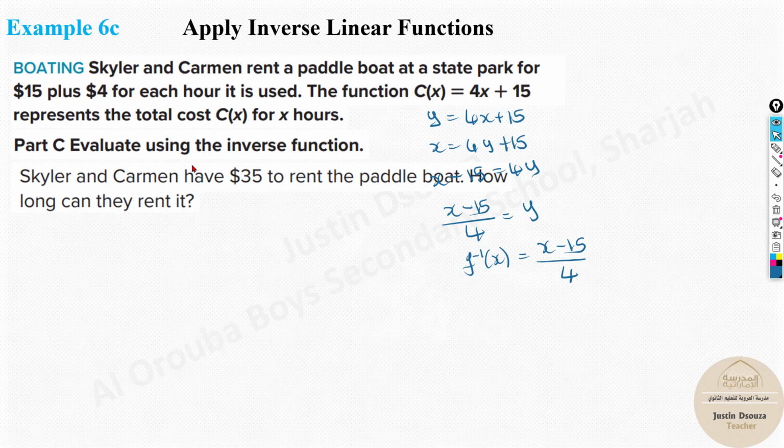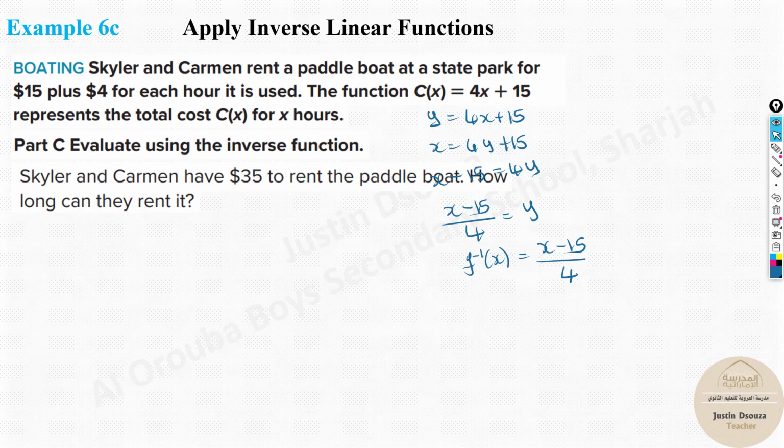Now this is important. Evaluate using the inverse function. Skylar and Carmen have $35 to rent the paddle boat. Now how long can they rent it? They have given you the total cost. The cost is $35. Now in this inverse function, what is the cost? It's not c of x, it's c inverse now. So whatever was there becomes x, and x now is the cost.